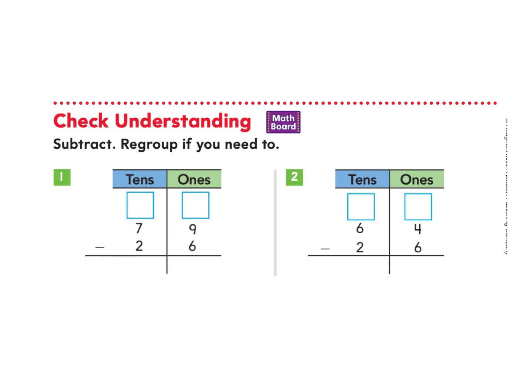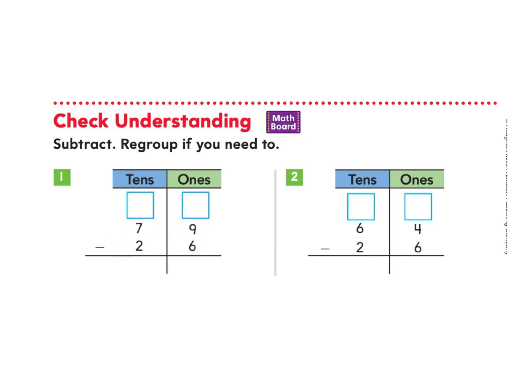All right, let's take a look at check for understanding. We're going to subtract and regroup if you need to. And remember, we regroup when there aren't enough in the ones column to subtract. So here we go. Let's take a look at number 1. We have 79 take away 26.